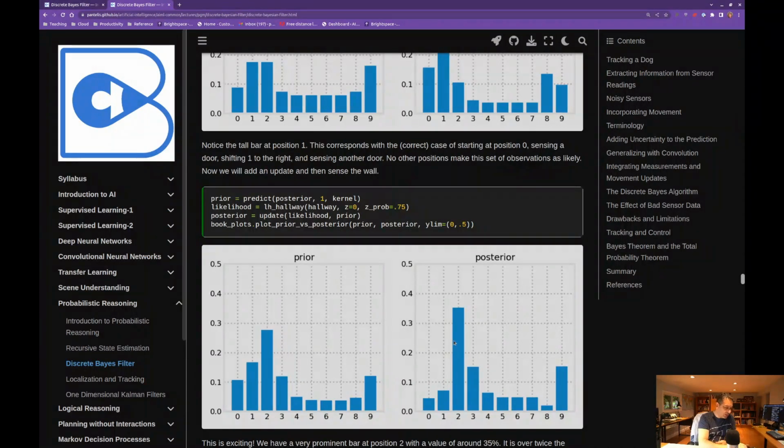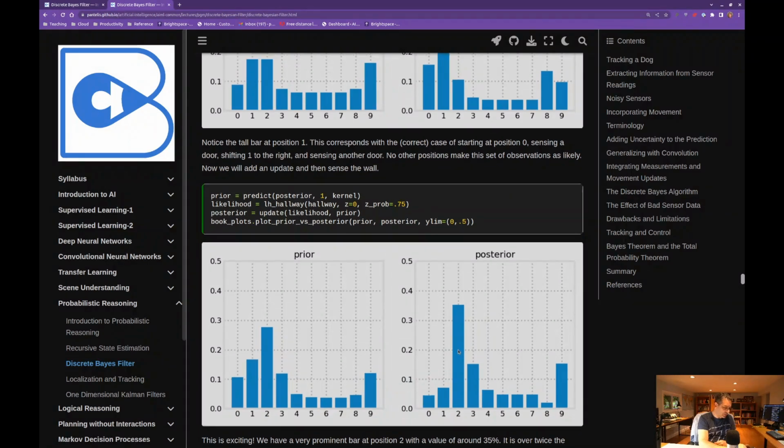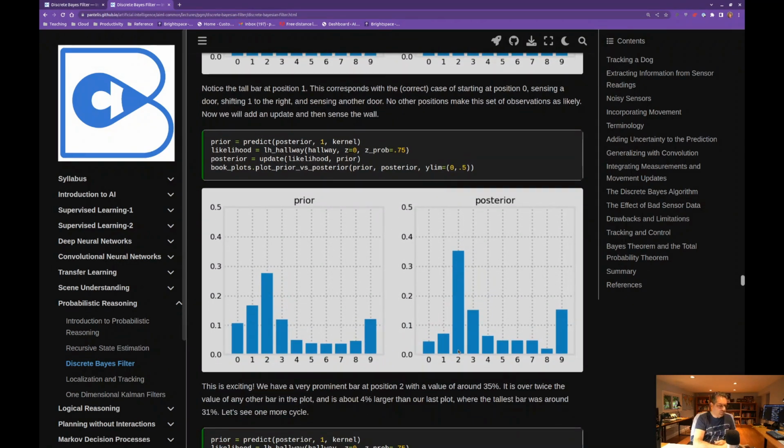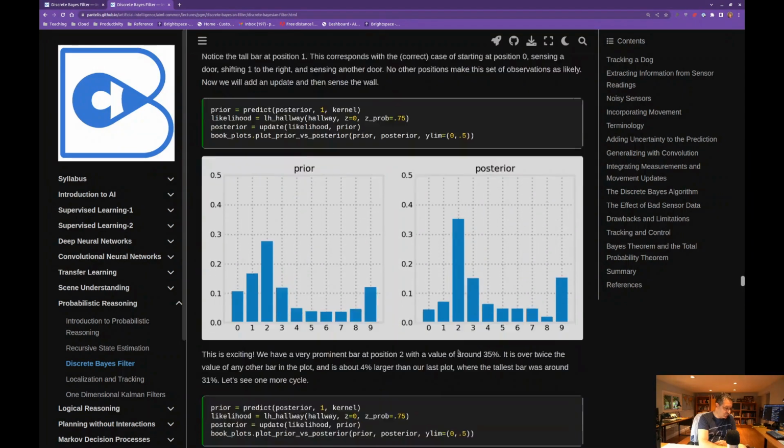So we are actually correcting the prior, forming the posterior with the likelihood. Okay, so effectively that's the Bayes rule that we're applying over here. The previous posterior becomes, after the prediction step, the prior for the subsequent measurement update.